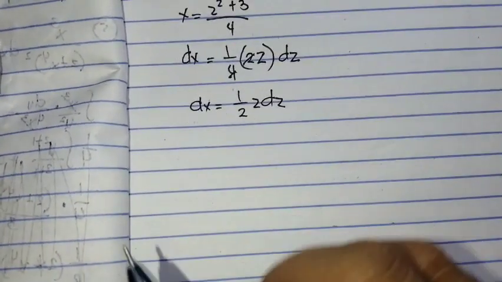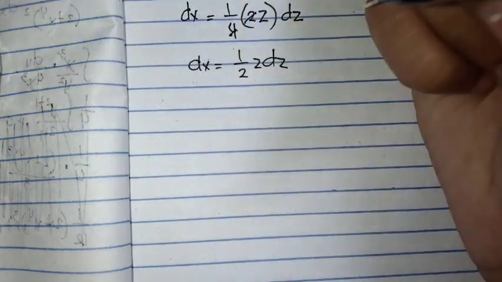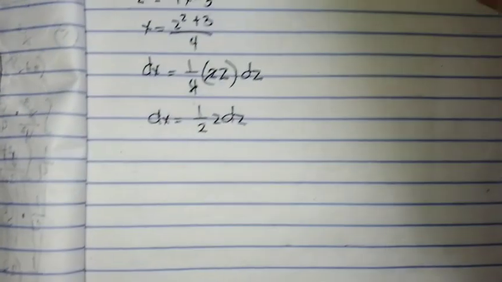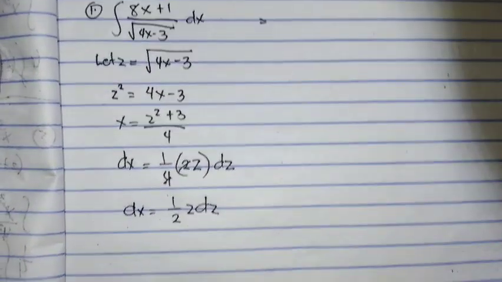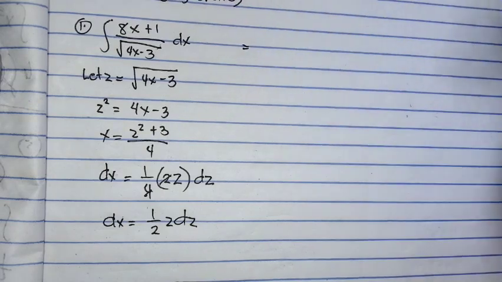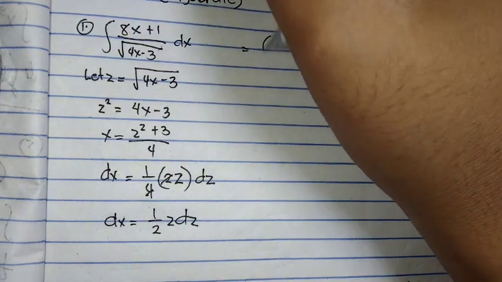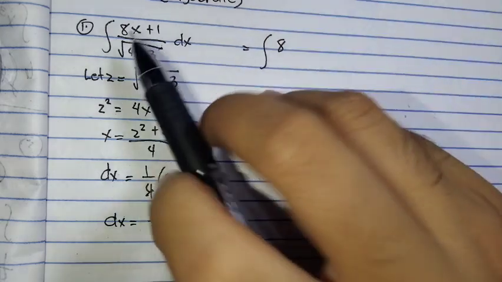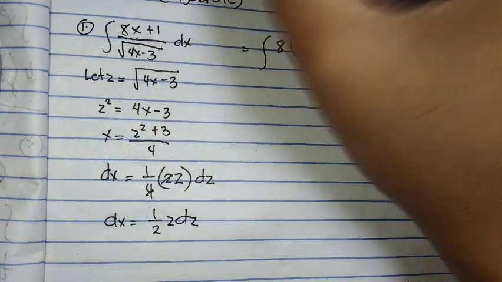Then after that, we're going to plug into the equation. I'll just put it here. So 8x, the integration of 8, then the value of x, which is this one, replace it.